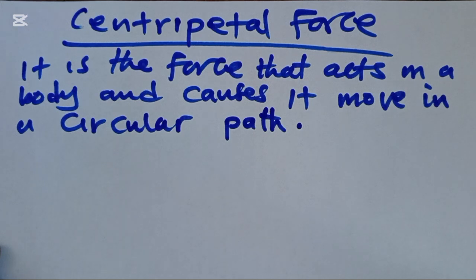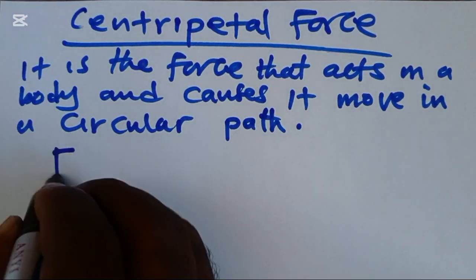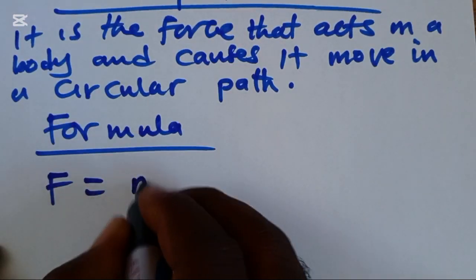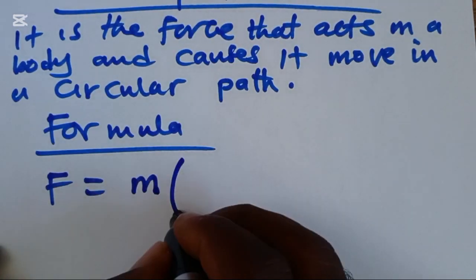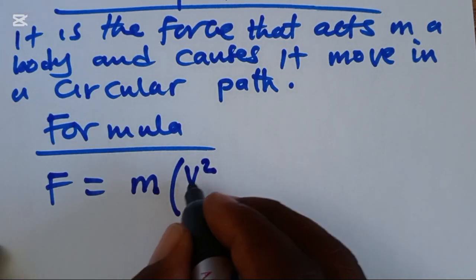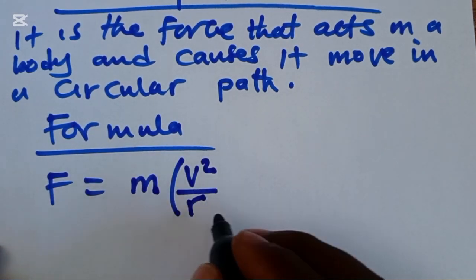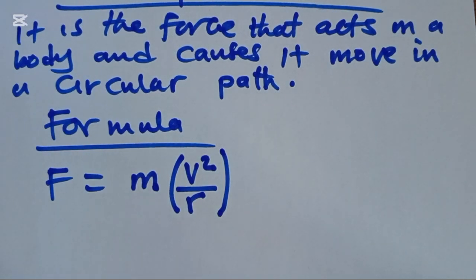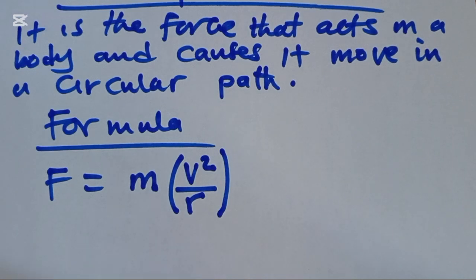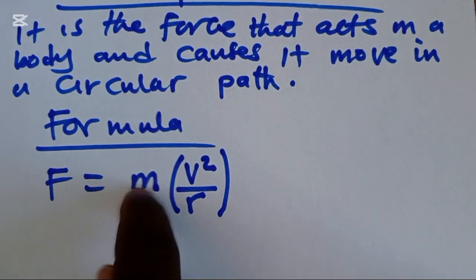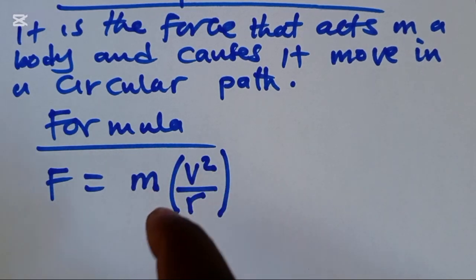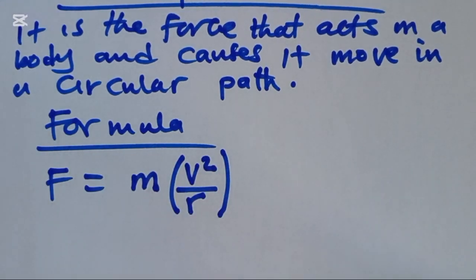So the formula for centripetal force: force is equal to mass times velocity squared divided by radius. So we have centripetal force in terms of mass of a body, speed of the body, and radius of a circular motion.